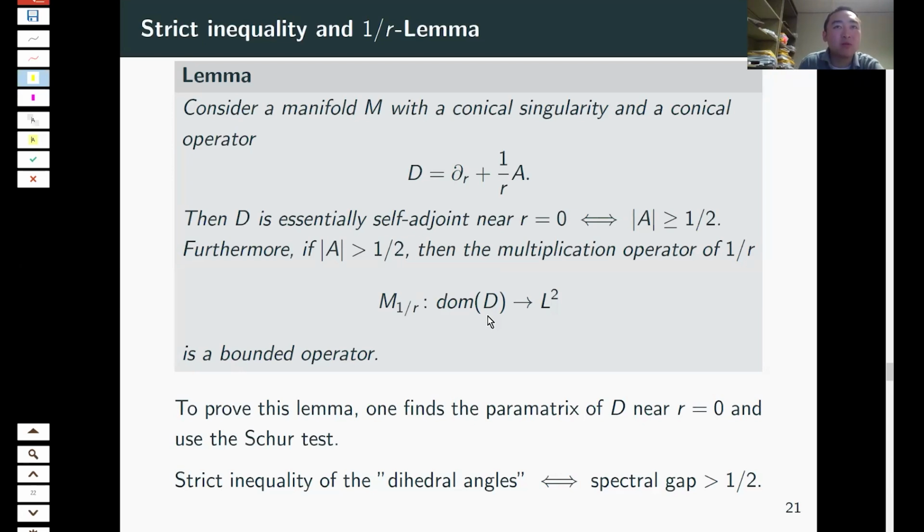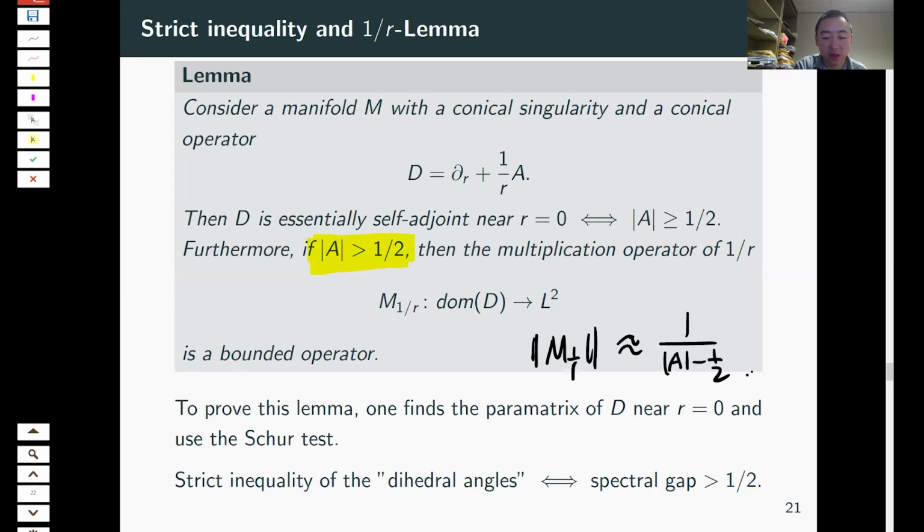To prove this lemma, one just needs to find the parametrix of D near r equals 0 and use the Schur test. Here I mention that this strict spectral gap is very, very important for this lemma. If the spectral gap is equal to 1/2, then 1 over r will be unbounded. In fact, one can compute that the norm of the multiplication operator of 1 over r is about 1 over the spectrum of A minus 1/2.